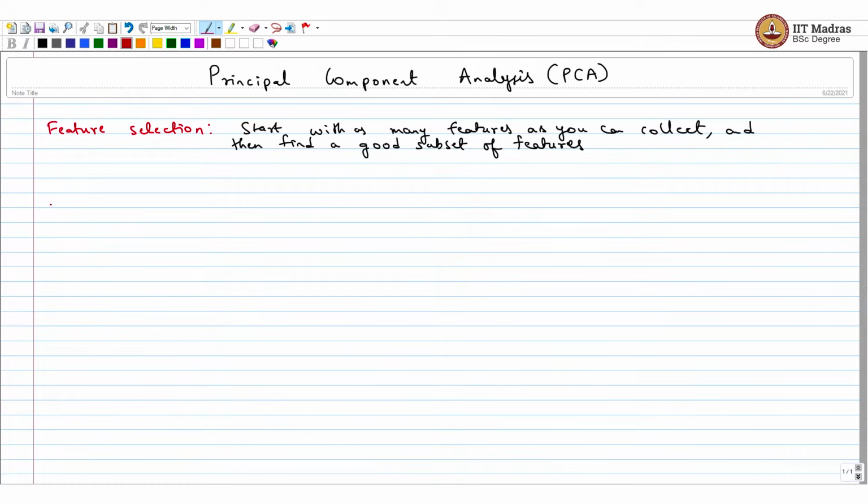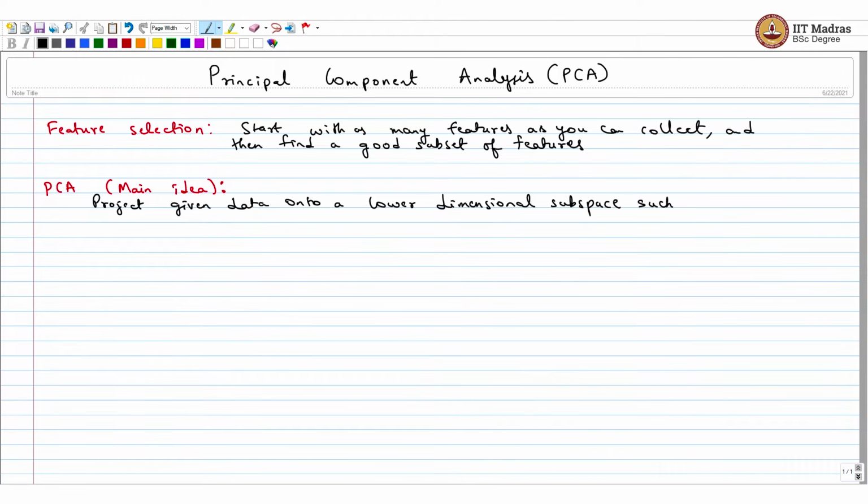And what is the main idea of PCA? The main idea behind PCA is to project given data onto a lower dimensional subspace such that, and PCA has two interpretations, and both are valid.